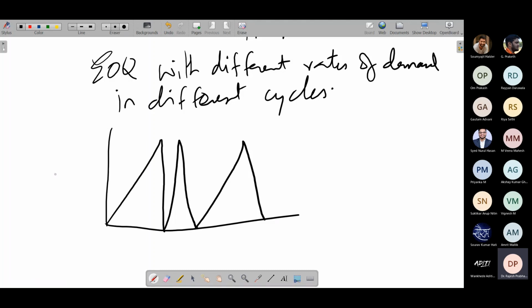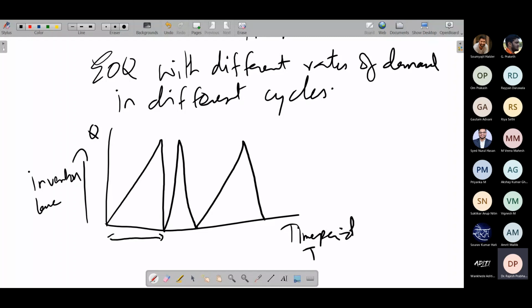This is a differential rate of demand. This is your inventory level represented by Q. This is your time period represented by T. Now, the time T1 is different, the time T2 is different and time T3 is different. So, differential demand, different rates of demand in different cycles.